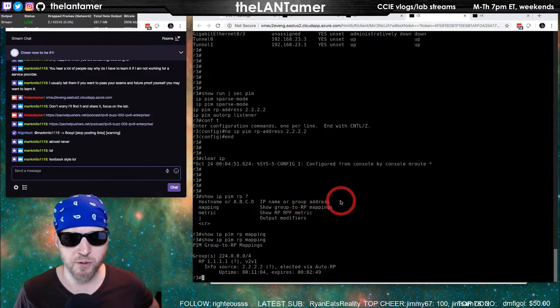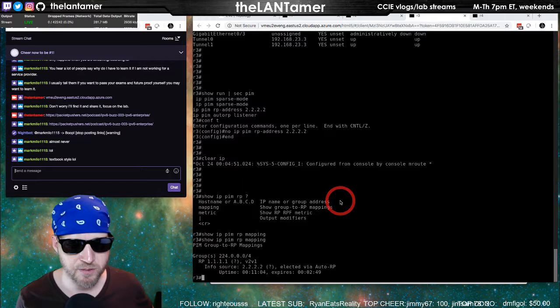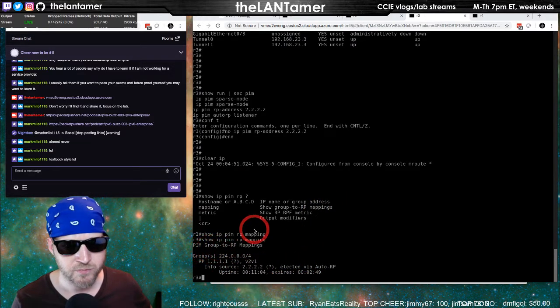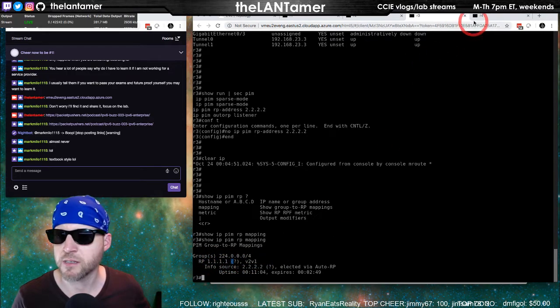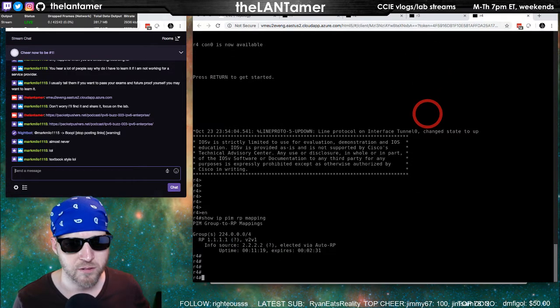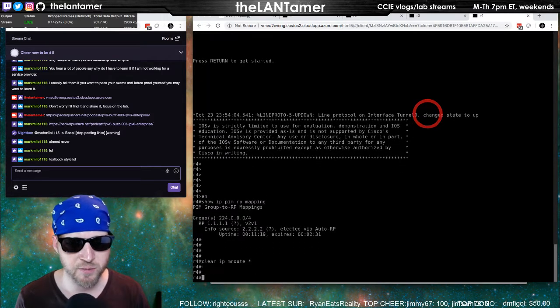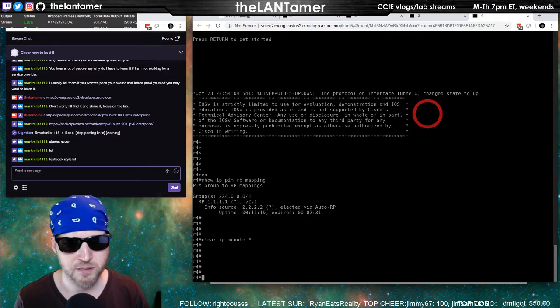Okay, I'm expecting router 4 to be ignorant of what is going on. Okay, so router 3 knows about the RP, and the source is 2.2.2.2, right? So that's the mapping server, and this is our RP. Clear IP mroute star. How does he know about this? I'll bet you I know how.